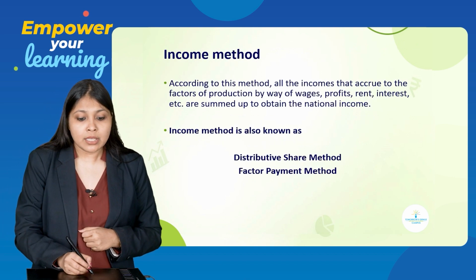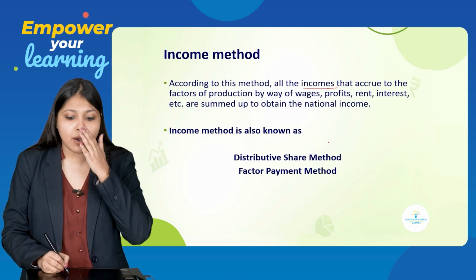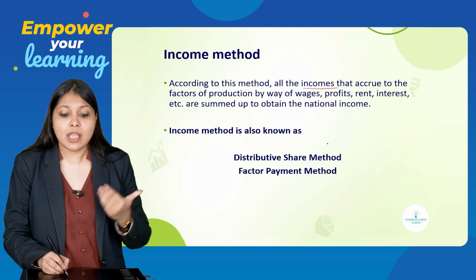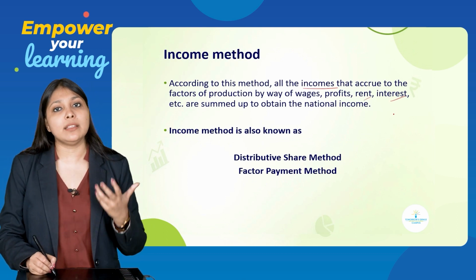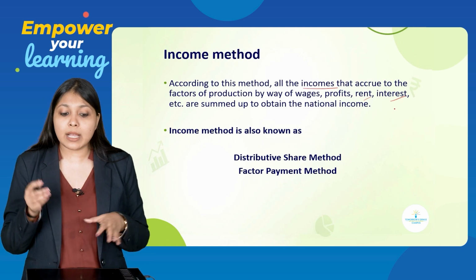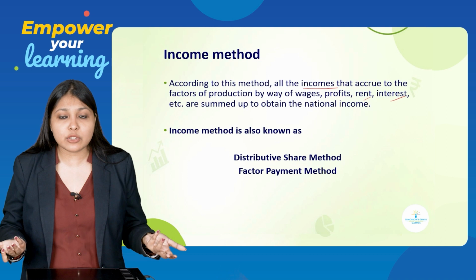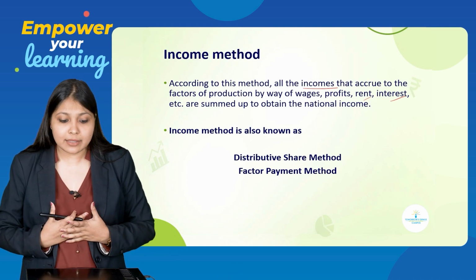According to this method, all incomes that accrue to factors of production by way of wages, profit, rent and interest are summed up to obtain the national income.